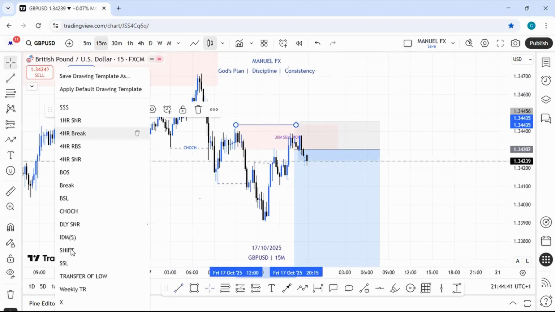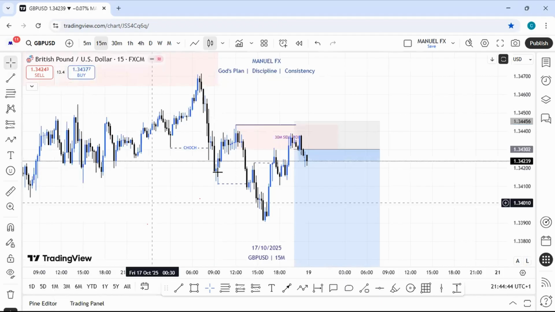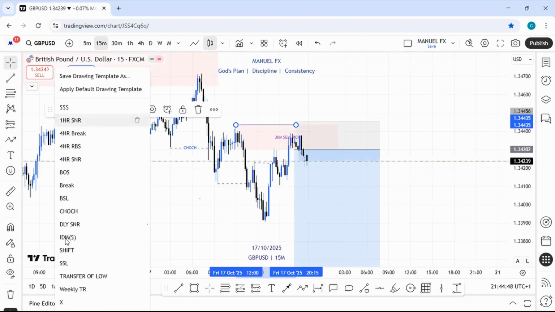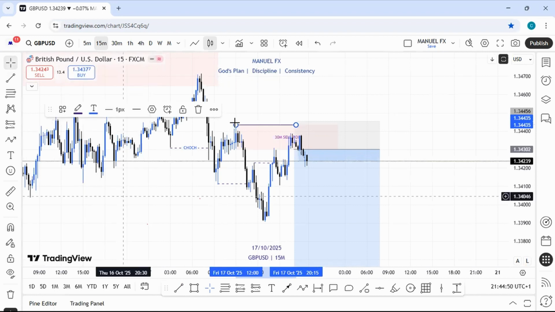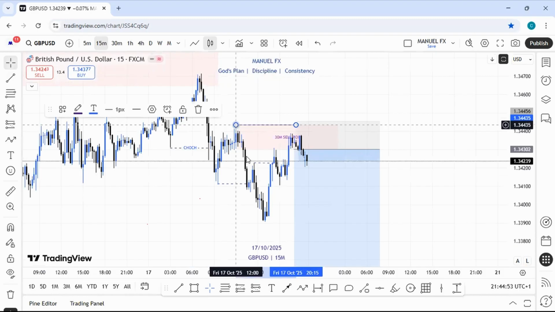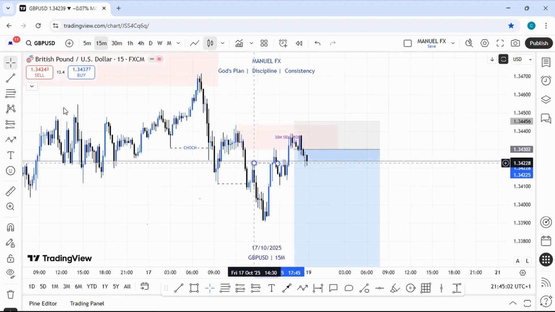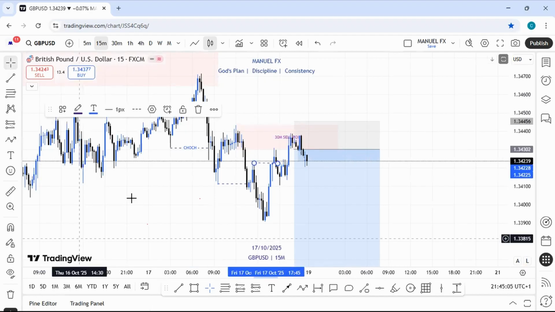Making this place an inducement, price did what? Price transferred the inducement from that level to this level. So this becomes our valid and new inducement.